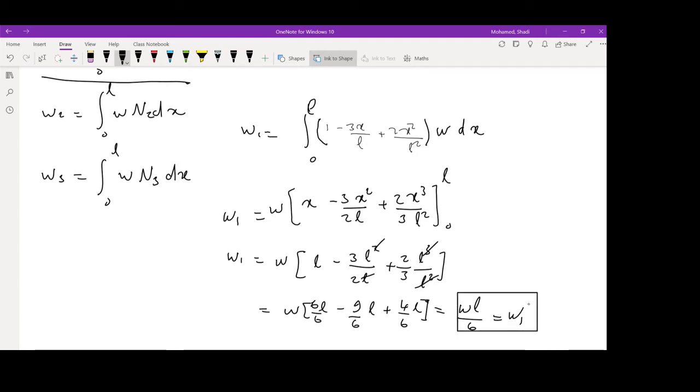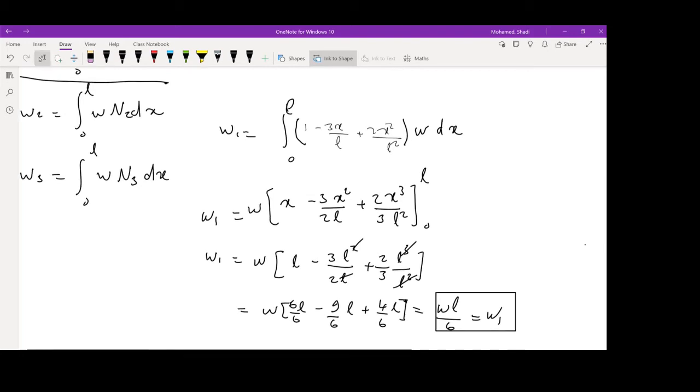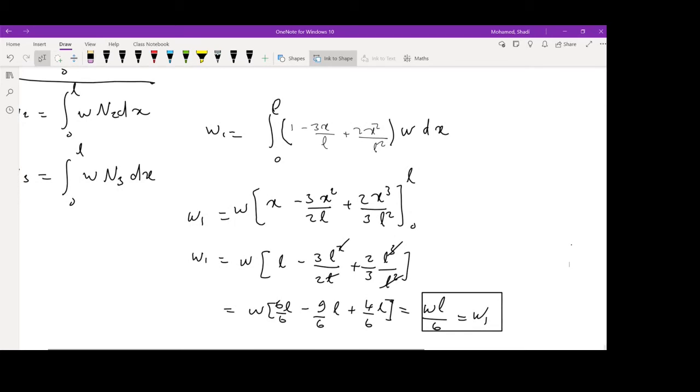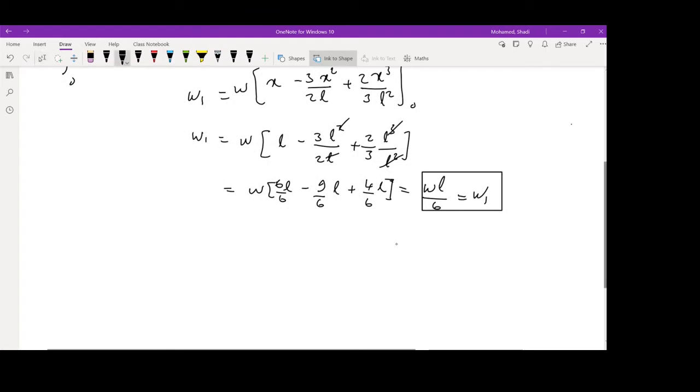And if you repeat the same thing for the second shape function, you'll get W2 equal to 4WL over 6.